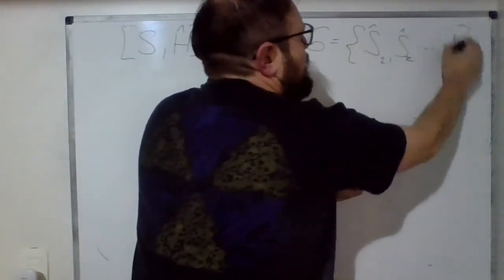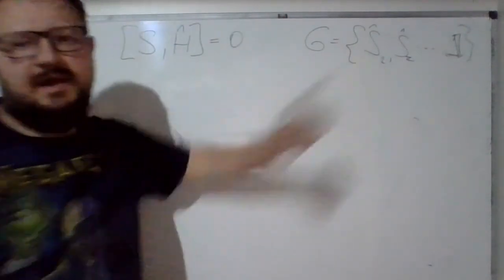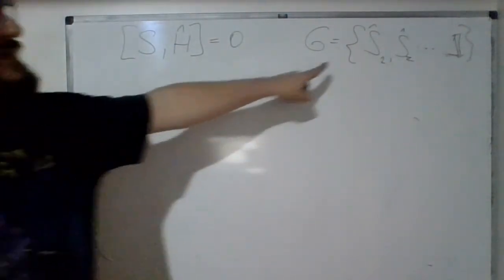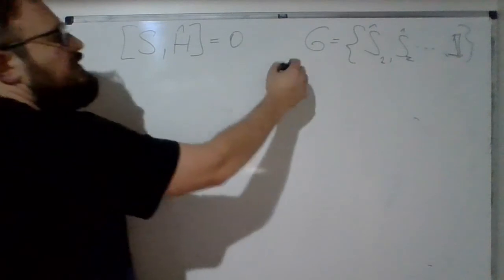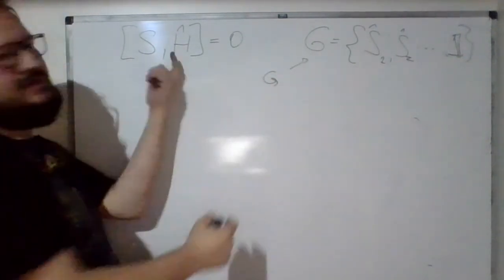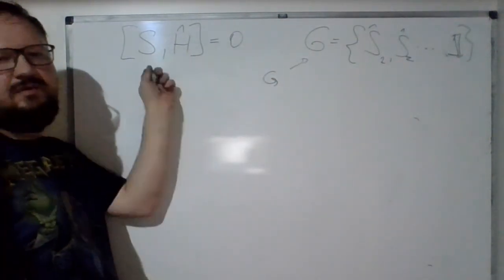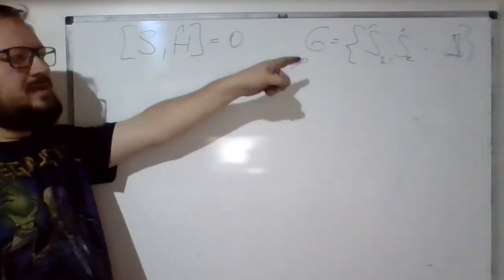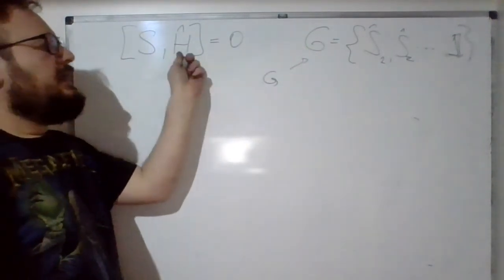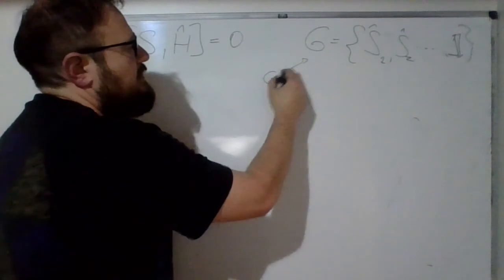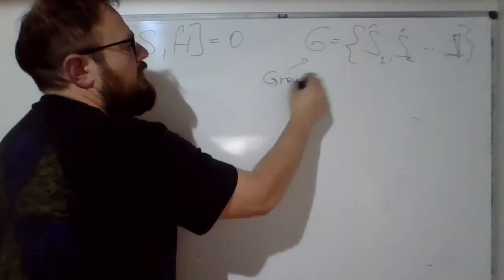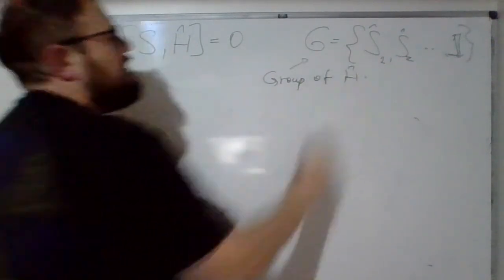Perhaps it's better to replace 1 here by the identity. This set of elements is the group of the Hamiltonian if the commutator is 0 between the elements of the group and the Hamiltonian itself. So this is the group of the Hamiltonian.